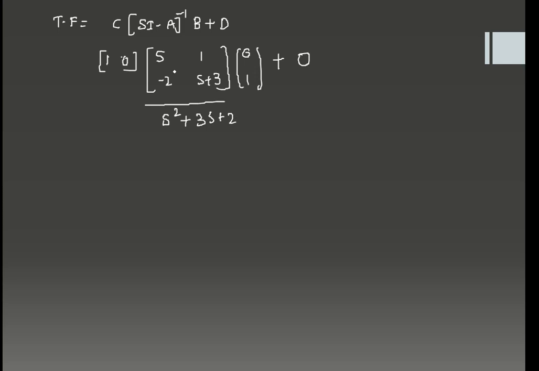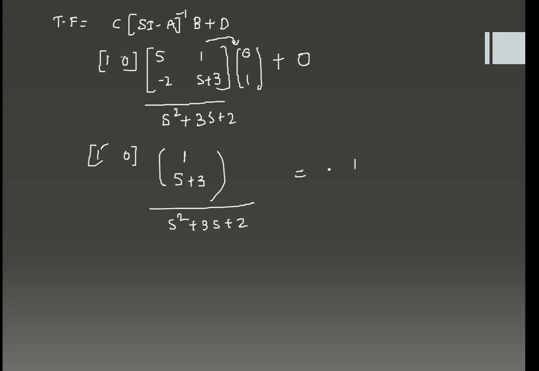So first do the multiplication between these two matrices. [1 0] times [S 1; minus 2, S plus 3]. 1 into S is S, 0 into 1 is 0, plus... that gives S and 1. Now again do the matrix multiplication with B: S into 0 is 0, plus 1 into 1 is 1.